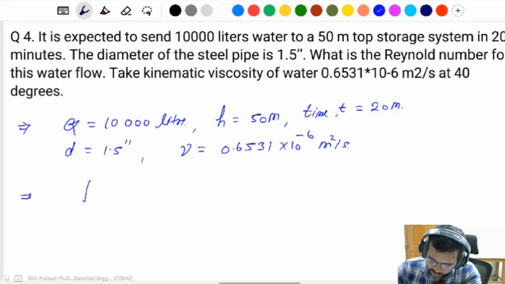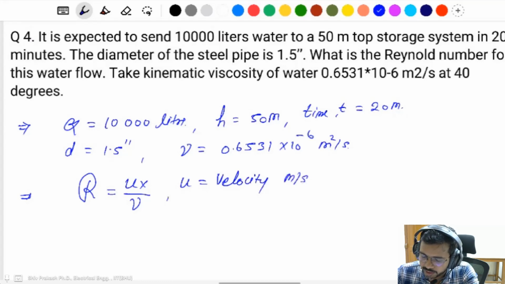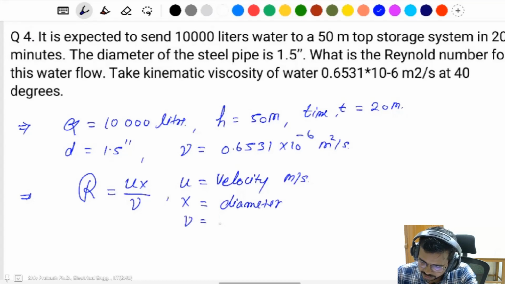For Reynolds number, all you know is Re = U x divided by viscosity V, where U is velocity in meter per second, the velocity of water, x is the dimension, which here is the diameter of the pipe, and V is the viscosity in meter square per second.